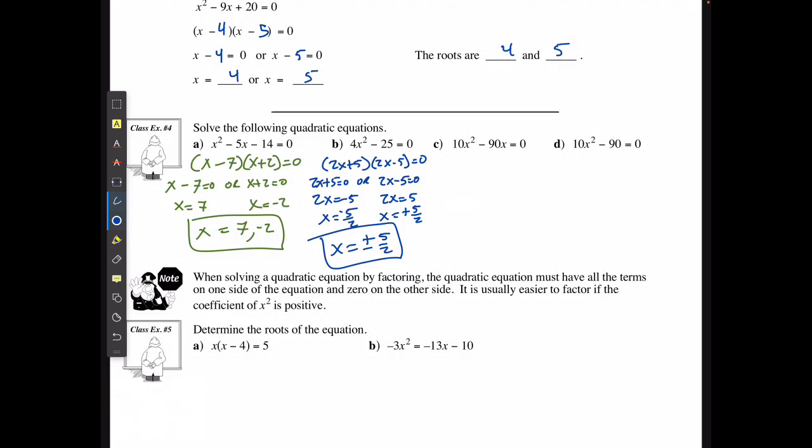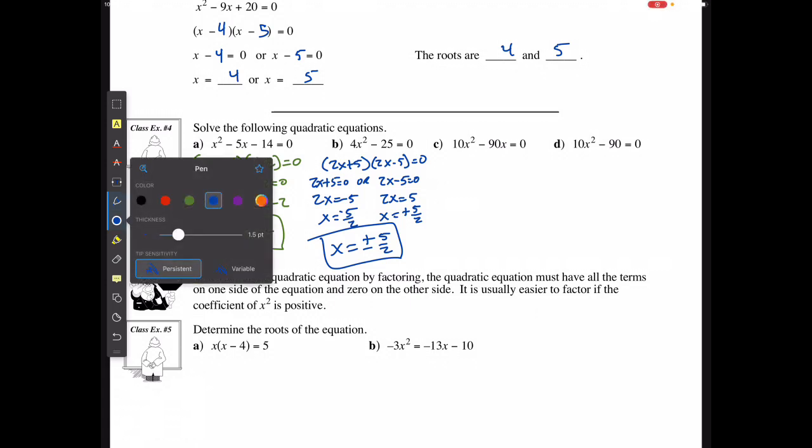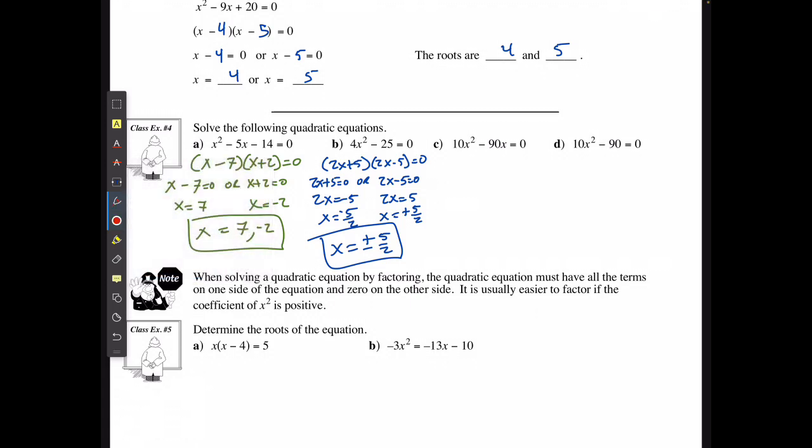Now the nice thing is, when I have an equation, if I have a common factor that is not a variable, like in this case a common factor of 10, I can just start by dividing all the terms by 10. Well, this is going to give me x squared minus 9x is equal to 0.